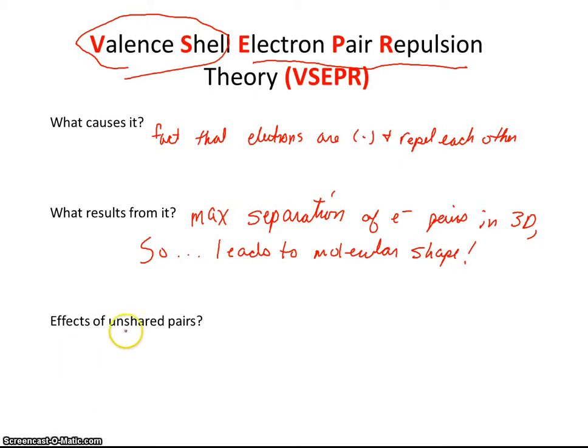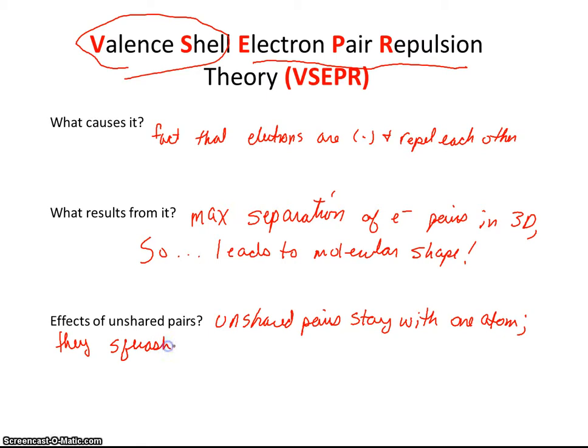And how do unshared pairs affect this? Well, unshared pairs stay with one atom. So they squash shared pairs that we call bonds.